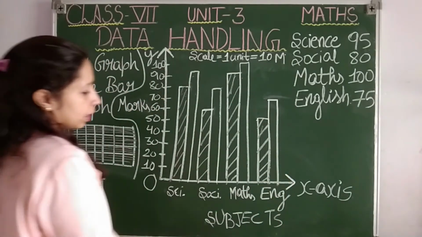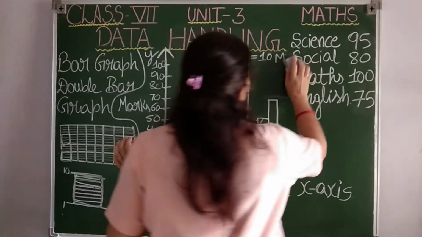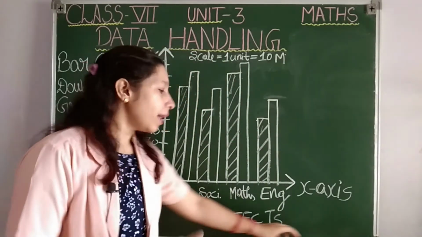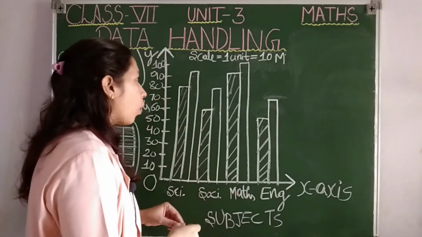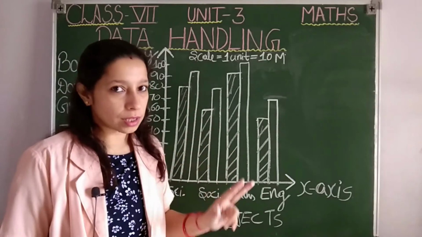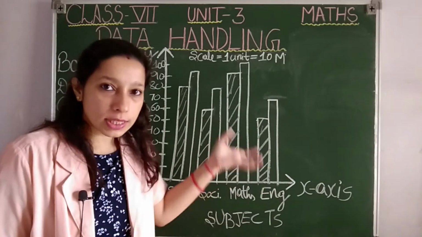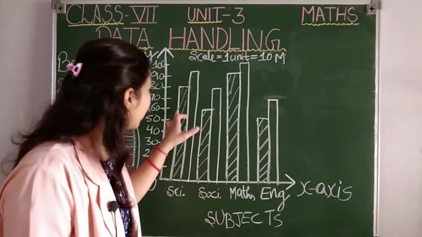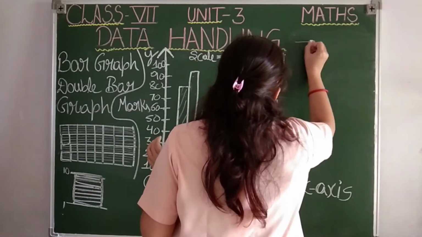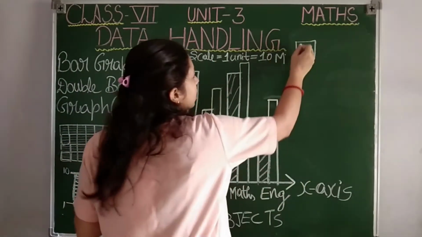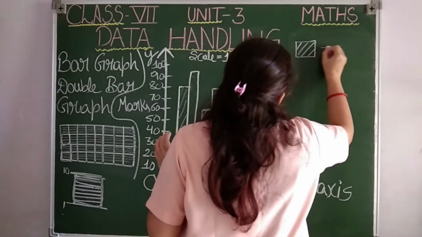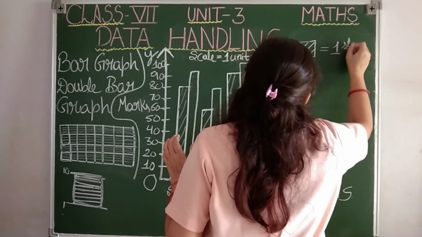One more thing, students. Now I am rubbing the subjects. When you are drawing the double bar graph, again the important thing is the scale. In your scale it should be clear because you are drawing two bars. So the teacher or the observer who is seeing your graph must be clear which bar is showing which data. So near the scale I can show it like this. For the first term marks I have drawn such shading on the bar, so I can show here first term.